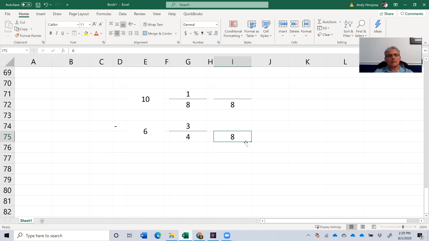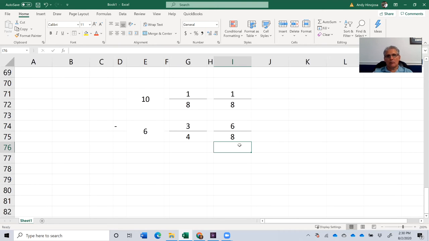And now we convert our fractions to the new denominator. This is easy because it's 1/8, so there's no change. This one, however, 4 goes into 8 2 times. 2 times 3 is 6. So now it looks like we're ready to go. We're going to take 1/8 and subtract 6/8.